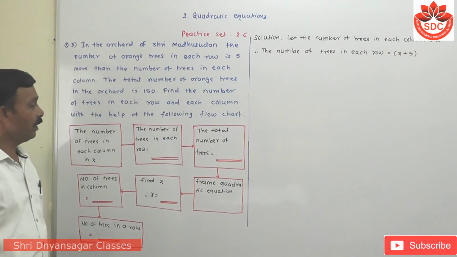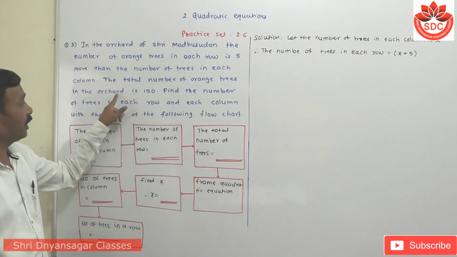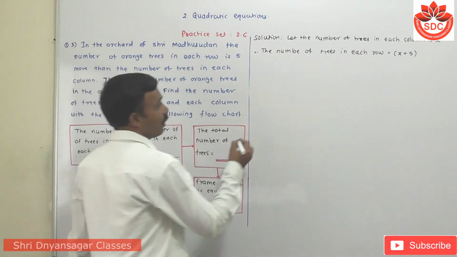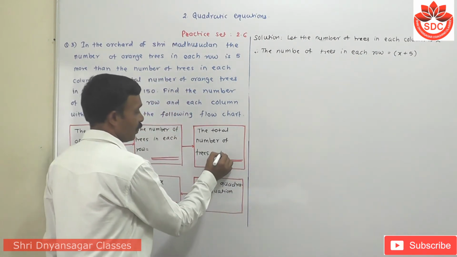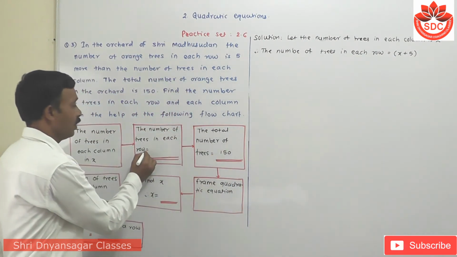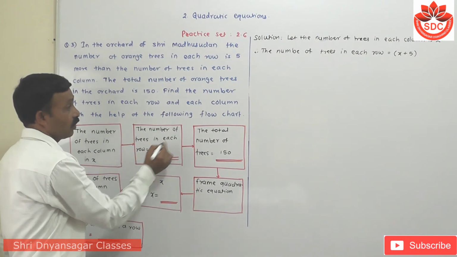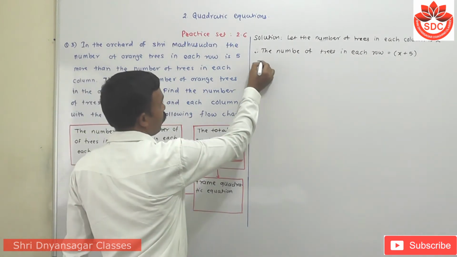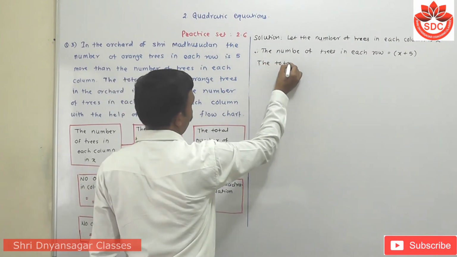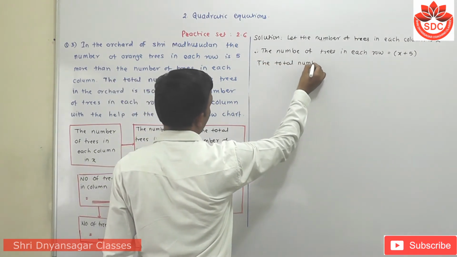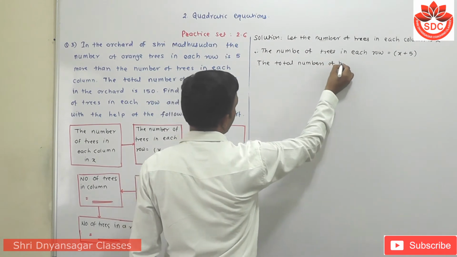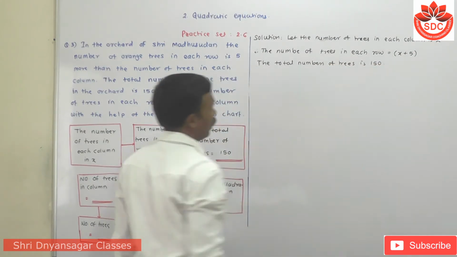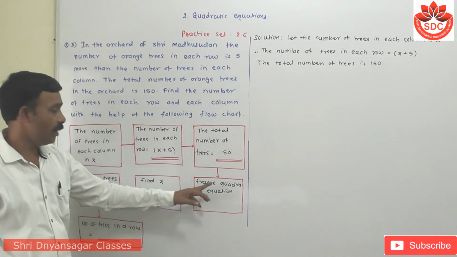Then the total number of trees is how much? Here the total number of orange trees is 150. I will write here 150 also. Here the number of trees in each row is x plus 5. The total number of trees is 150. Now we have to frame the quadratic equation.